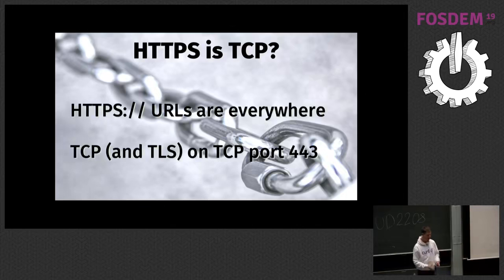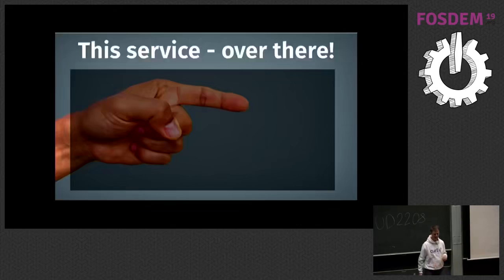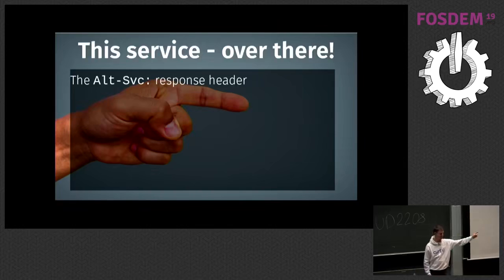That is by using an already existing header called Alt-Svc. It basically says, use this server over here, talk this protocol. It's the same as me. And this is an already established header. We already introduced it years ago for HTTP2, basically.